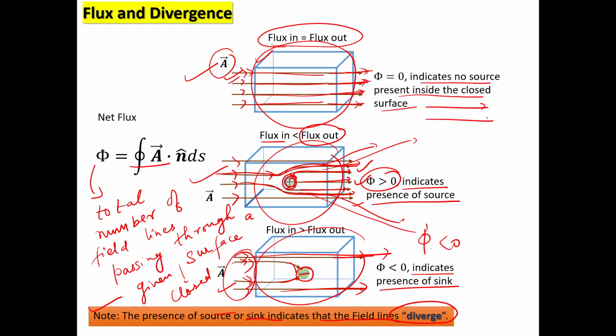Suppose there is an electric field and a positive charge is placed here, then field lines will definitely diverge from this point.